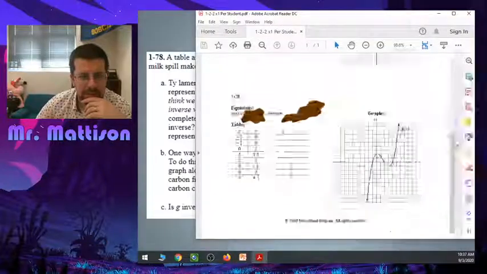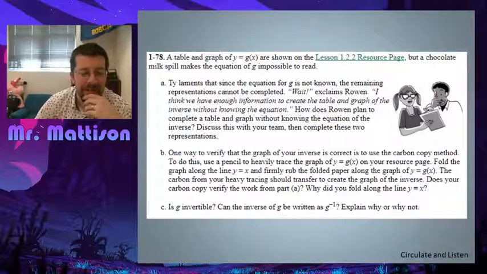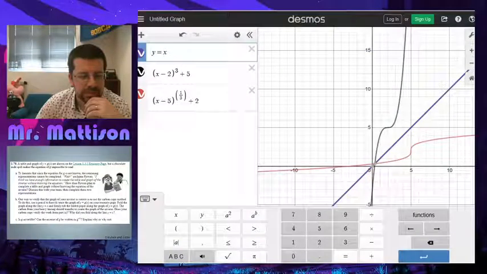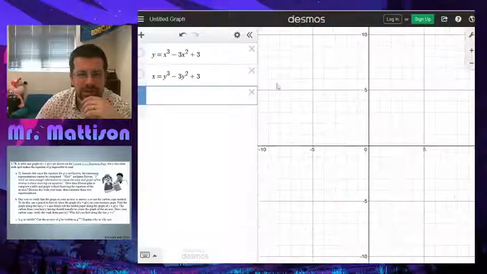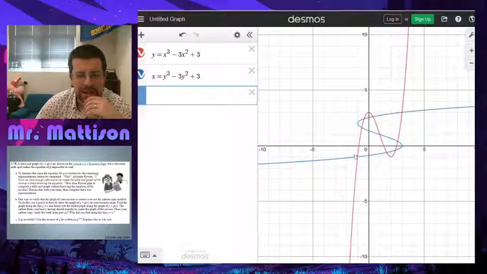Let me bring that back over so you don't need that anymore. And okay, so sorry, I missed the question there. Is this invertible? So if we go back to that actual view, on this one, it's not going to be invertible because as we're seeing, our blue line here is not a function because it does not pass the vertical line test.